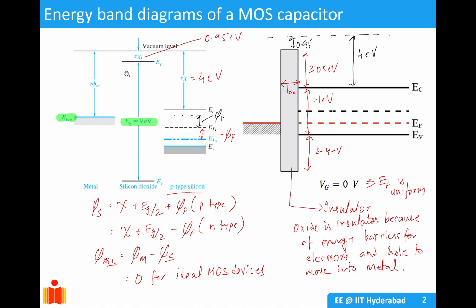For silicon dioxide, the electron affinity is around 0.95 eV and the band gap is around 9 eV. For silicon, the electron affinity is around 4 eV. The band gap is around 1.1 eV, and the Fermi level position is determined by the doping. The distance between mid gap and the Fermi level is called phi f, which is your Fermi potential.